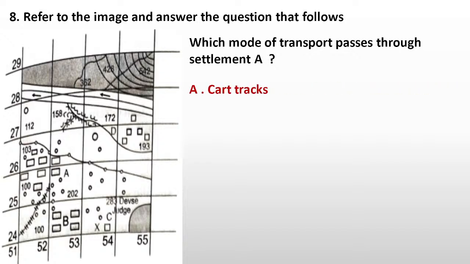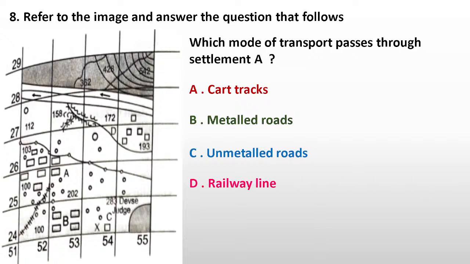So options are A. Cart tracks, B. Metalled roads, C. Unmetalled roads, D. Railway line.